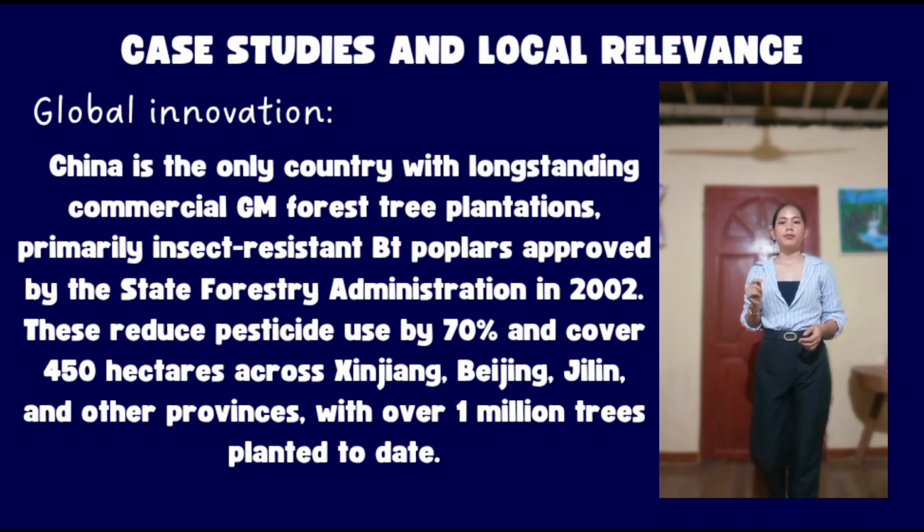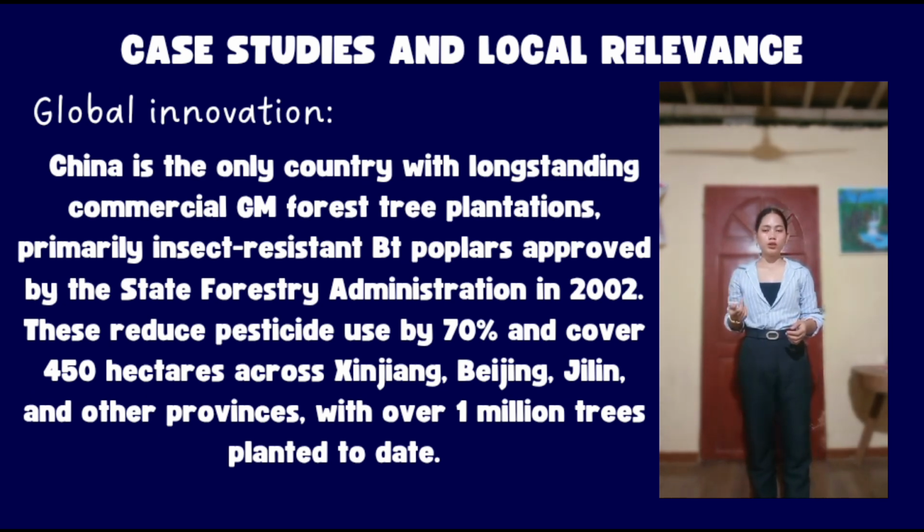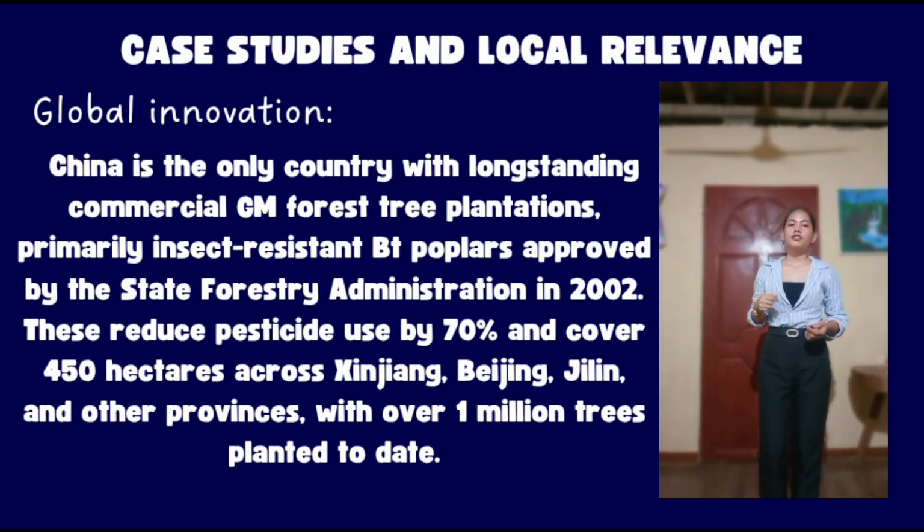Research began on BT-transformed Populus nigra in 1989, with field trials starting in 1994. Ongoing work focuses on drought tolerance, sterility, and improved wood quality in birch and larch. The US has not modified forests commercially but leads in climate and restoration innovation.